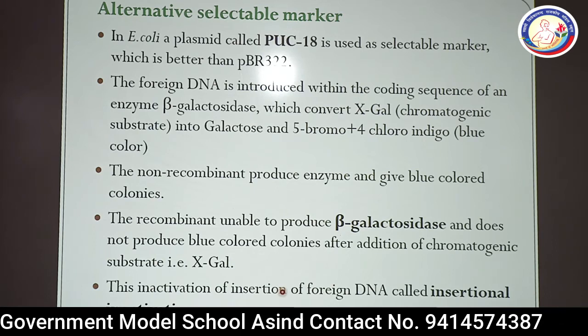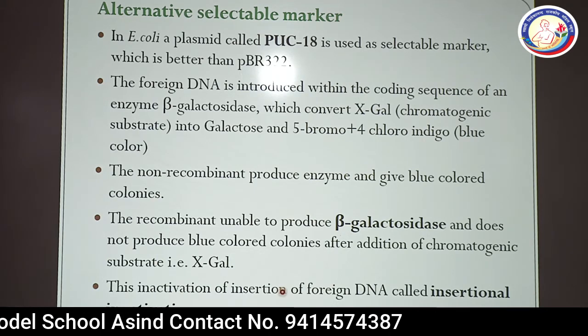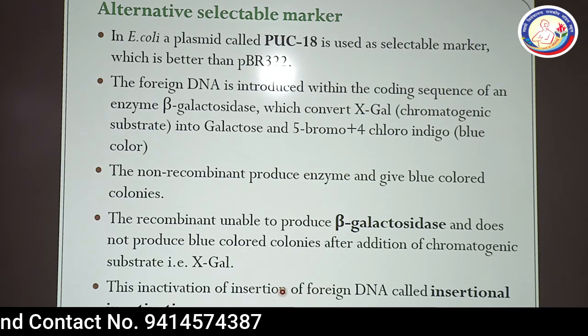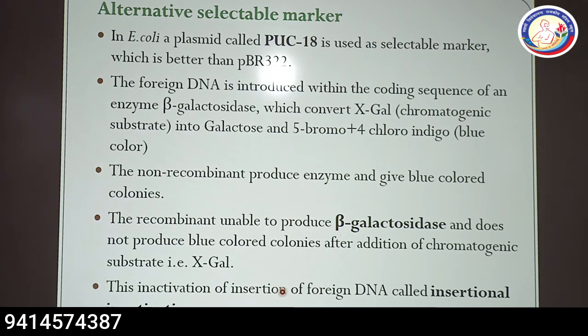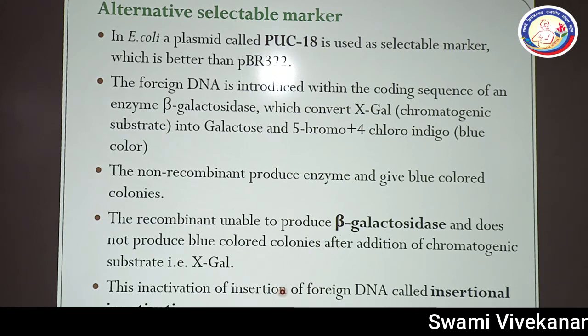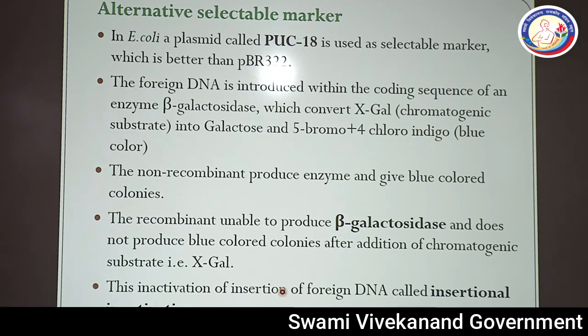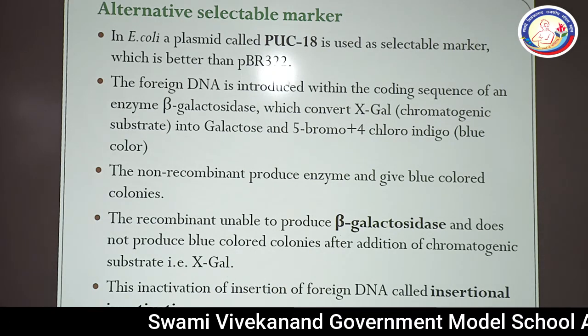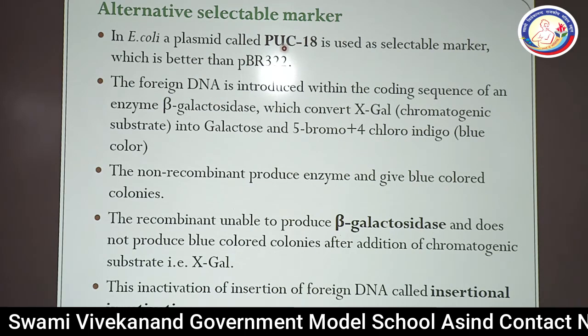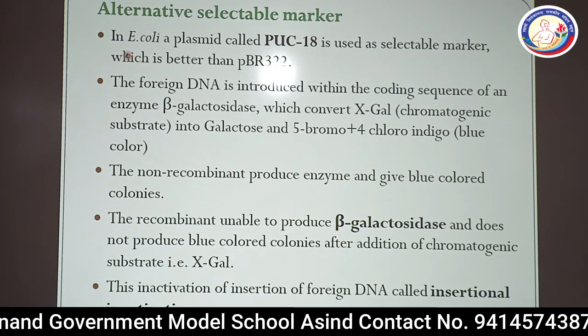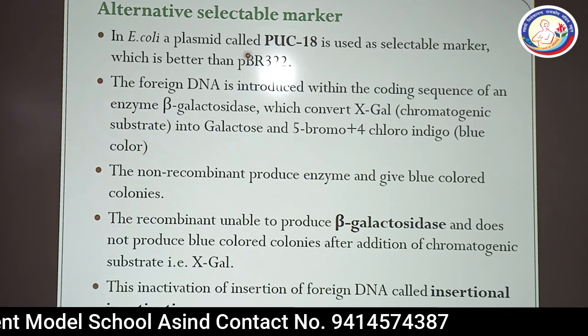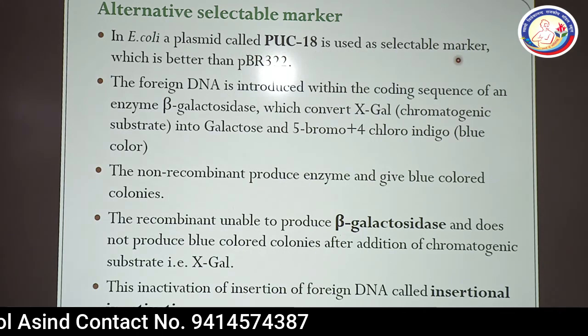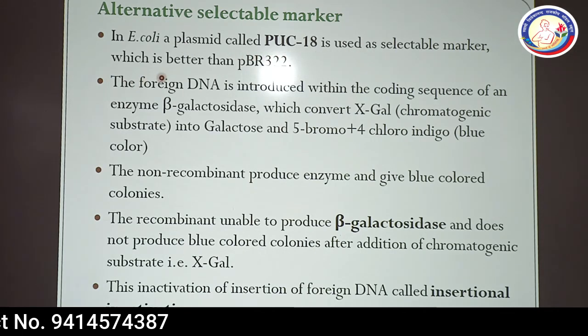Now the next point is the alternative selectable marker. Other than pBR322, different types of cloning vectors have been discovered and invented by scientists, out of which another one is pUC18. In E. coli, a plasmid called pUC18 is used as a selectable marker which is better than pBR322.